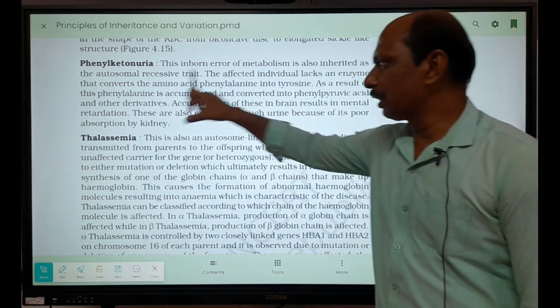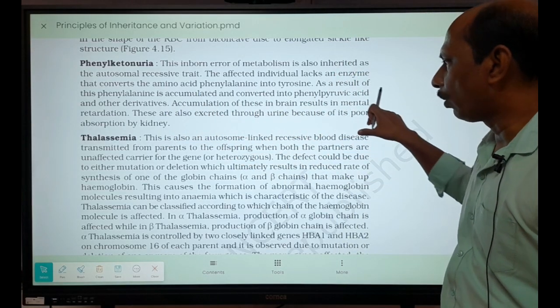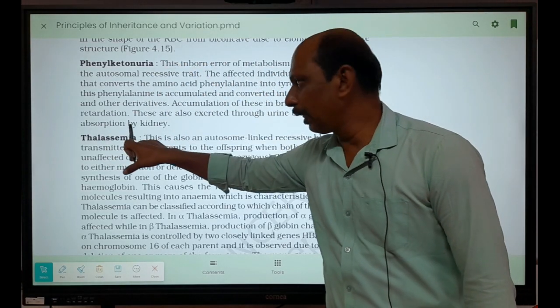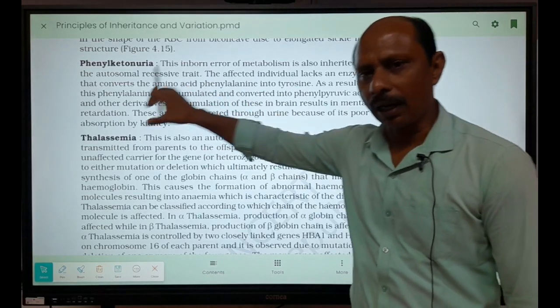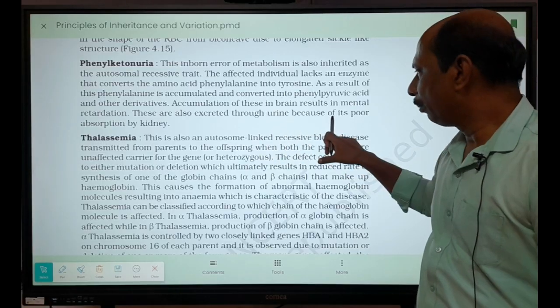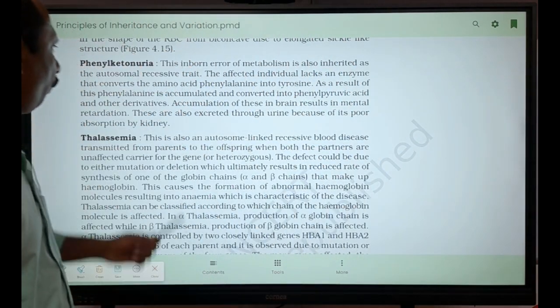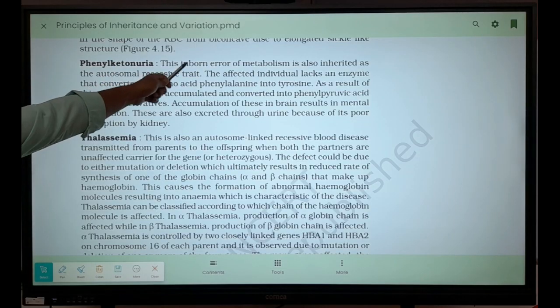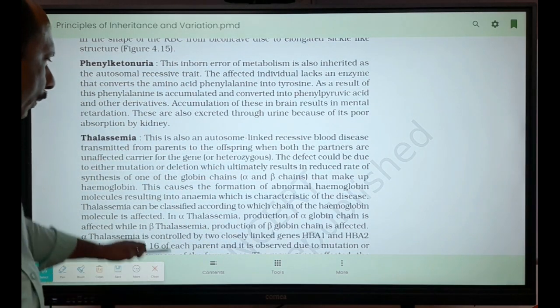As a result of this, phenylalanine is accumulated and converted into phenylpyruvic acid and other derivatives. Accumulation of these in the brain results in mental retardation. These are also excreted through the urine because of poor absorption by the kidney. That is called phenylketonuria. Phenylpyruvic acid is present in urine.